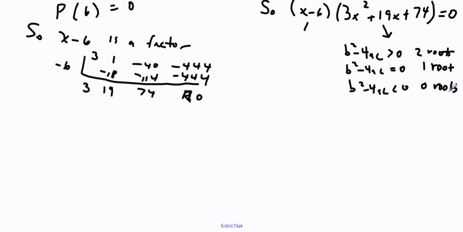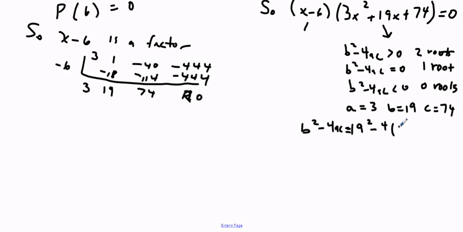And what I'm hoping for is that it tells me there are no roots here when I plug in b squared minus 4ac. So from here, I'm going to say a is equal to 3, b is equal to 19, and c is equal to 74. And when I do b squared minus 4ac, I get 19 squared minus 4 times a, which is 3, and c, which is 74.